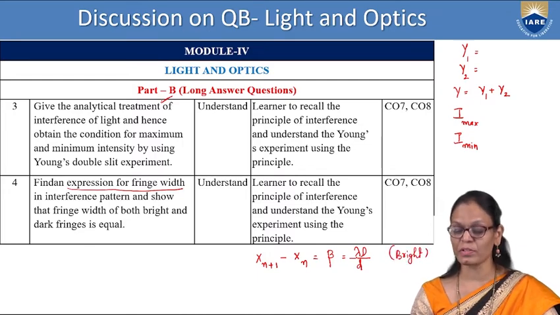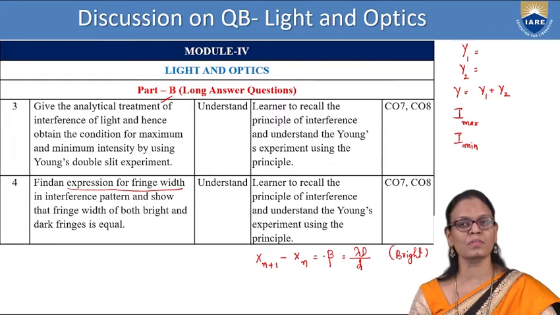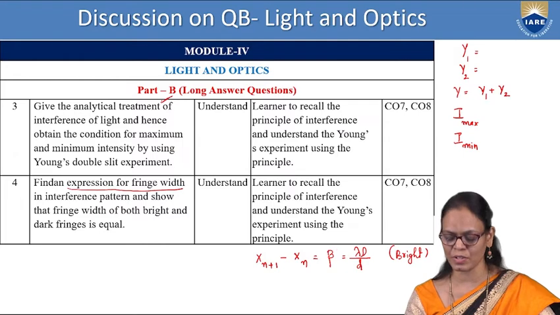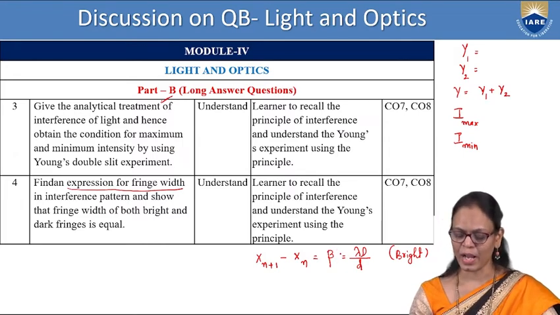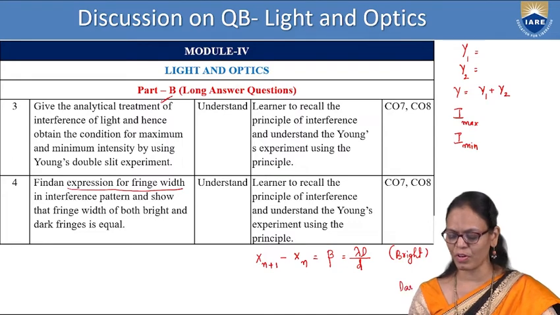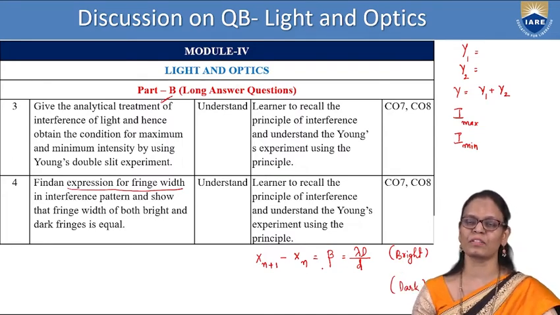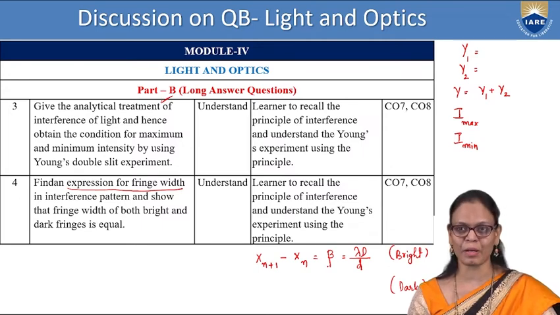Here, you are going to substitute the condition. The path difference is always an integral multiple of lambda. For all such positions, you calculate beta. The same thing you will have to do for the dark fringe also. For the dark fringe, the path difference should be an odd multiple of half the wavelength, so (2n plus 1) into lambda by 2.